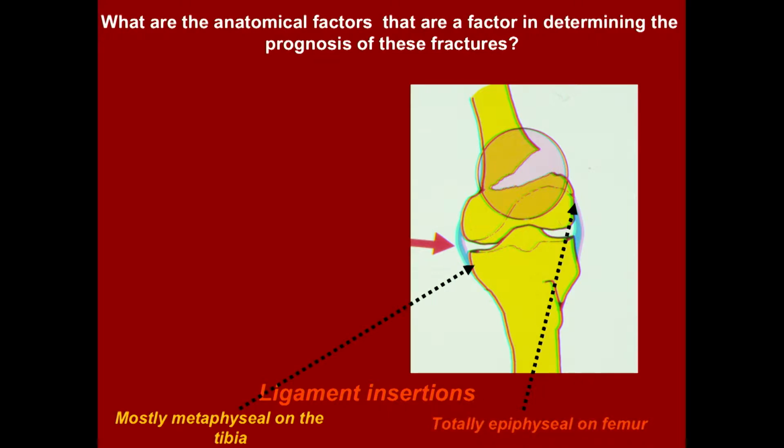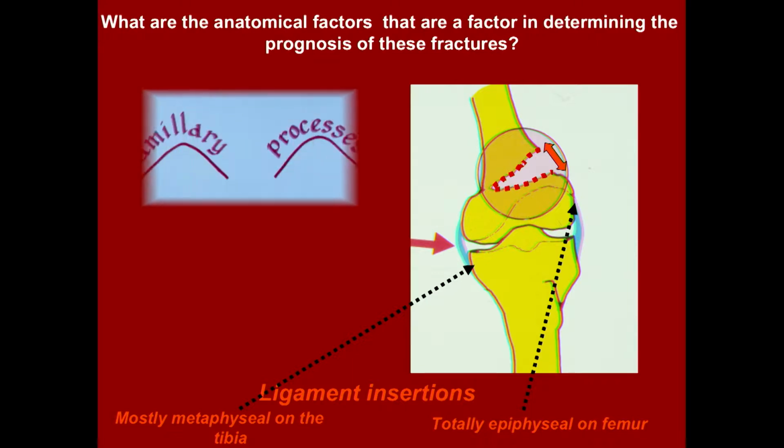Yeah, it's mostly metaphyseal. So the tibia is kind of protected because it's distal to the physis, so the forces are applied to the metaphysis rather than the physis. But up here it's attached to the epiphysis, and so the failure force is right there.